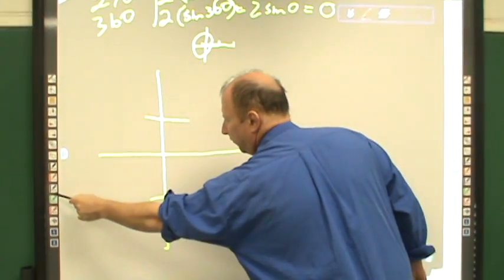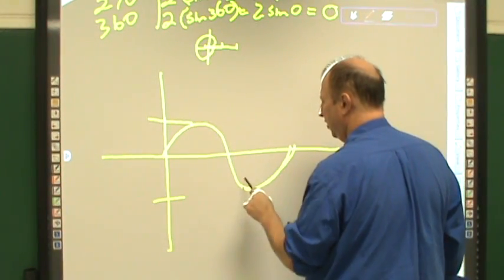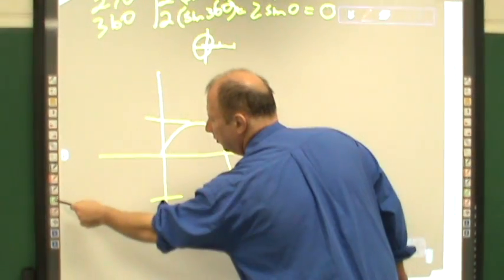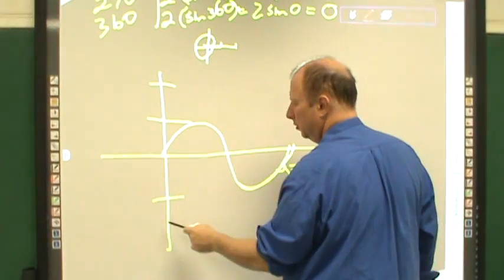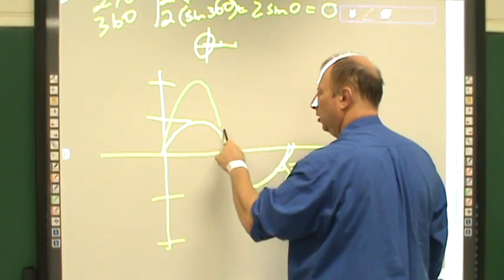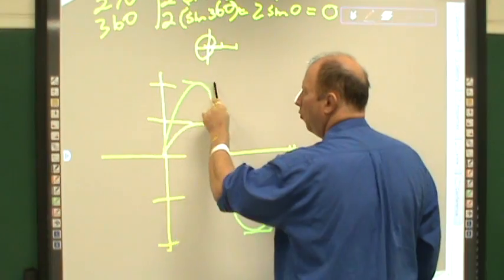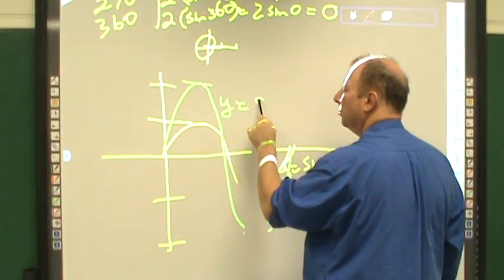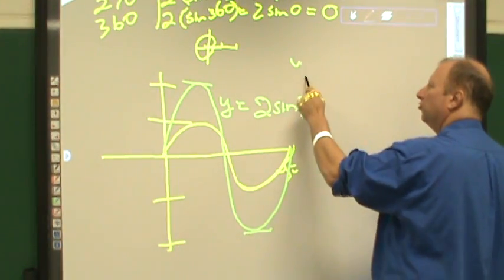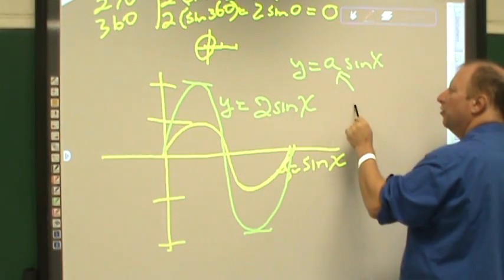If this is the graph of y equals sine of x, because everything doubled, this is called y equals 2 sine of x. Just so you notice, y equals a sine x. A is your amplitude.